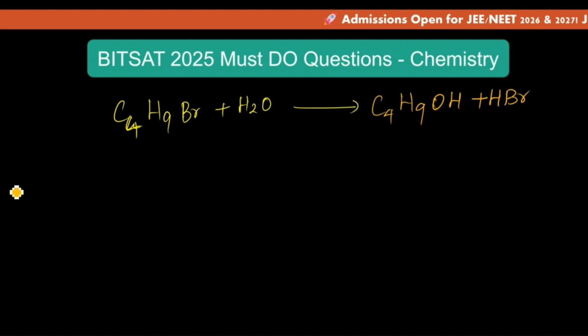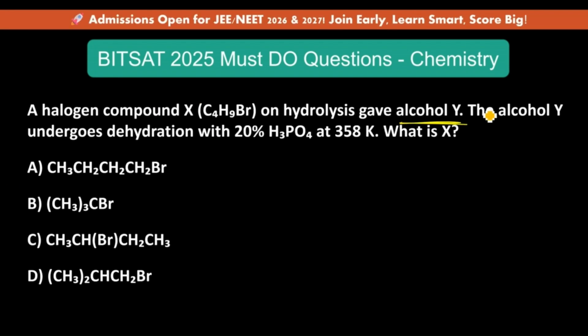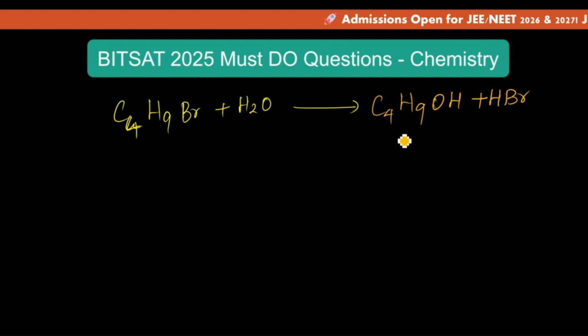Okay. Let's see the options. Before that, we have another thing, right? So alcohol Y undergoes dehydration with 20% of H3PO4. It is a mild dehydrating agent, H3PO4, which will undergo dehydration. So dehydration is favored by what kind of alcohols?